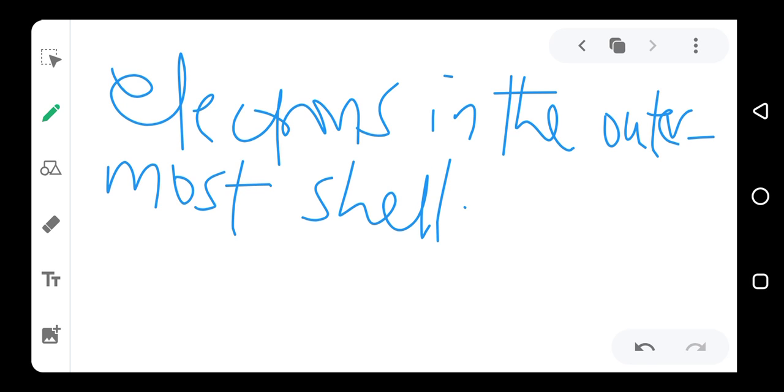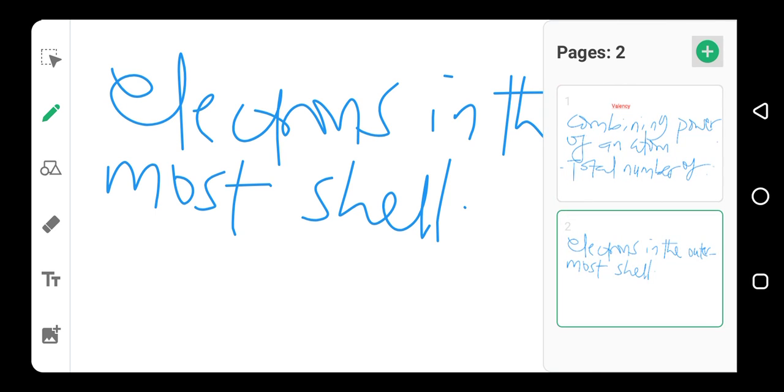Of course, you know that every atom may have many shells, and you already know that the first shell of an atom carries 2 electrons. Other shells carry 8 electrons.